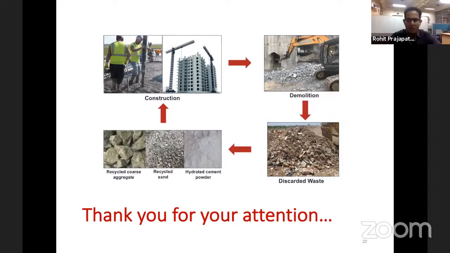Yeah. So what we think is in these kinds of treatments, especially with this thermomechanical treatment where you have milling involved, a high amount of fine material is produced. And we think that we could have more environmental benefits if we use this material somewhere else. There are some studies which say that it could potentially be used as raw meal for clinker production, and it could also work as pozzolana.